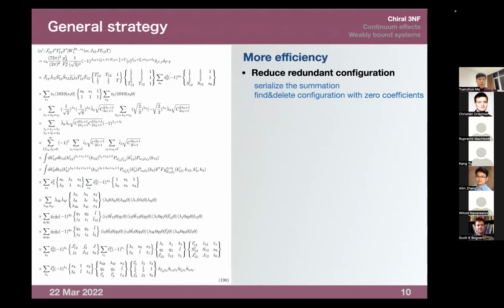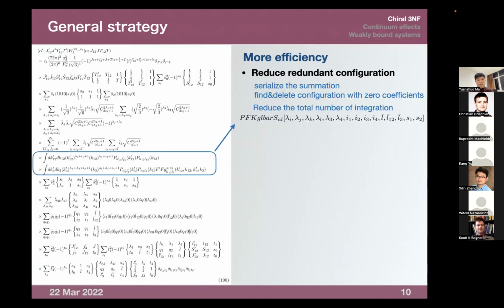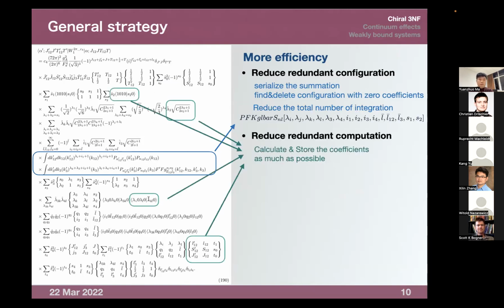To tackle this kind of difficulty, we need to make our code more efficient. Generally speaking, what we have done is to reduce redundant configurations as much as we can and reduce redundant computation as much as we can. For example, all of these CG coefficients, 6j or 9j coefficients, can be calculated beforehand, stored in the memory, and loaded when we need.